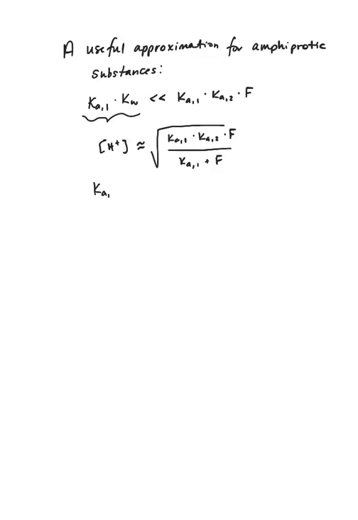Because Ka1 is often much, much less than the formal concentration of weak acids or amphiprotic materials that we're working with, it's often useful if we approximate this concentration of H plus in this way: Ka1 times Ka2 times our formal concentration divided by our formal concentration. In this result, formal concentration isn't necessary.